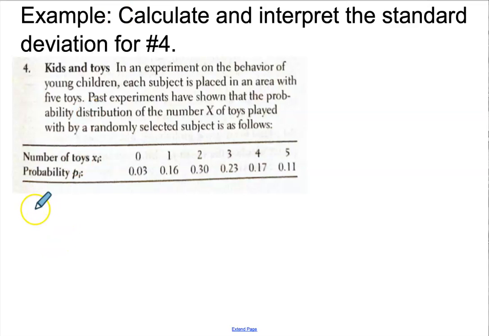This is going to be a big one. I'm doing variance first, and then we'll move to standard deviation. I take my observation minus the mean, which we just found to be 2.68. That gets squared and multiplied by the probability associated with 0, which is 0.03.